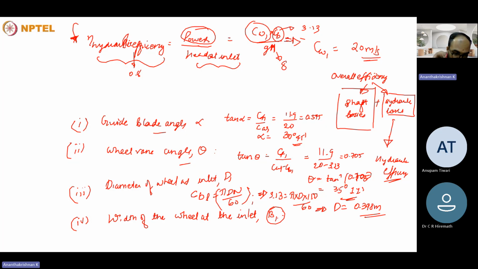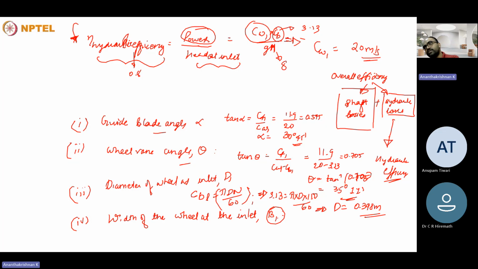Which all are the available parameters that are present to calculate this one? The only thing that we need here is the flow rate. So once you know the flow rate, we already know the flow component of the velocity at the inlet. You multiply it with the area, that is pi times the diameter multiplied by the width of the blade. Area into flow velocity will give the discharge.